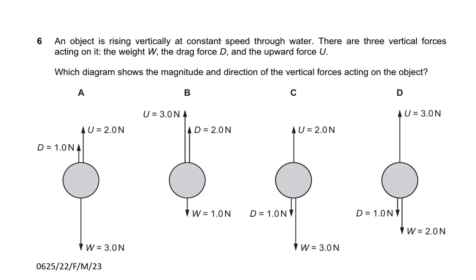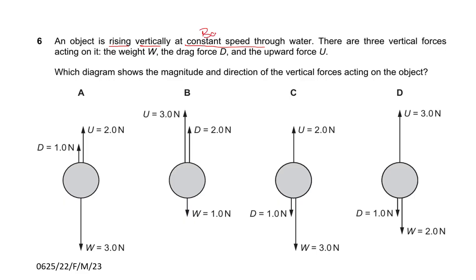An object is rising vertically at constant speed through water. There are three vertical forces acting on it: the weight W, the drag D, and the upward force. Which diagram shows the magnitude and direction of the vertical forces acting on the object? This is very important. The object is rising vertically at constant speed, so constant speed means forces are balanced.